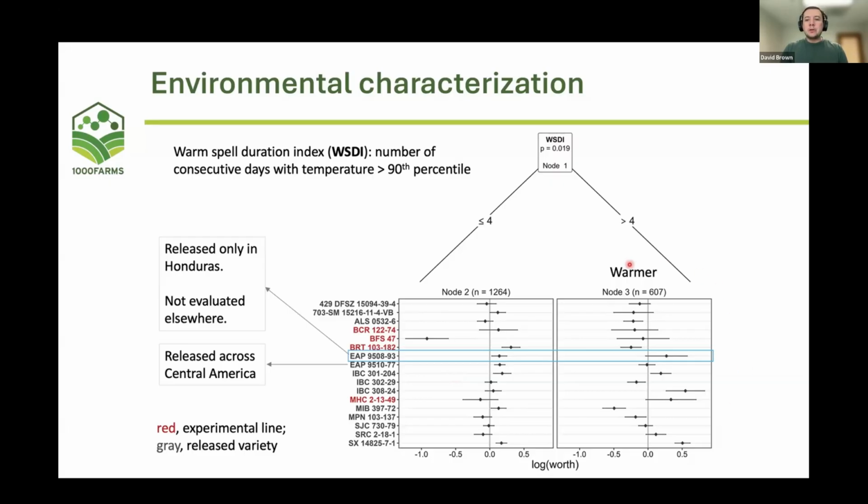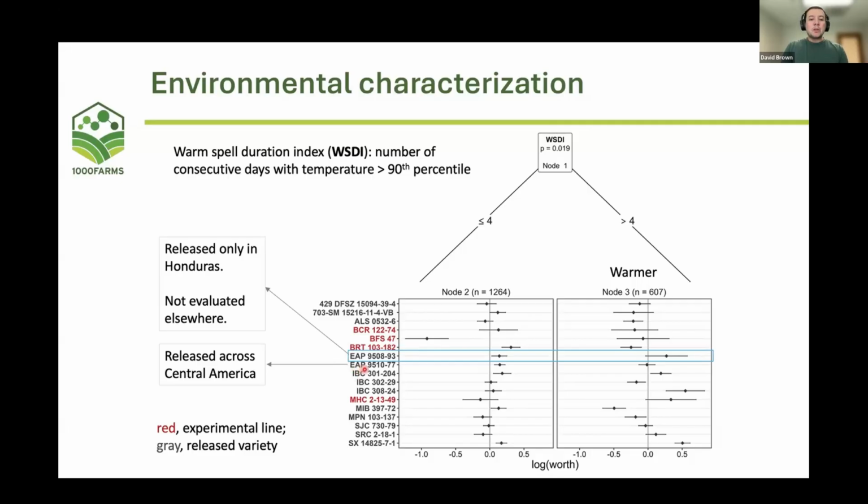And on the right-hand side here, you can see environments in which there are more than 4 days with a very high temperature. So varieties or genotypes performing very well here, we could say that they are tolerant to high temperatures. So what I'm trying to highlight here is this variety, EAP 9508-93, has been released, at the time of the study, only in Honduras, not evaluated elsewhere.